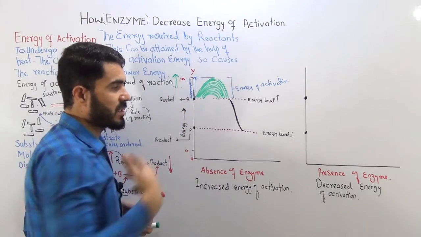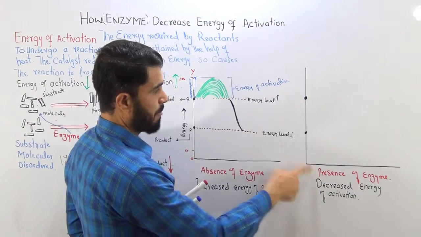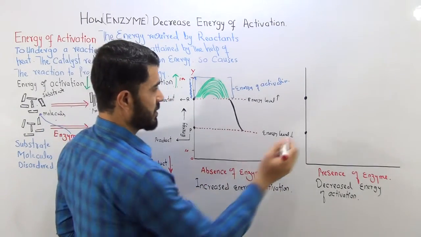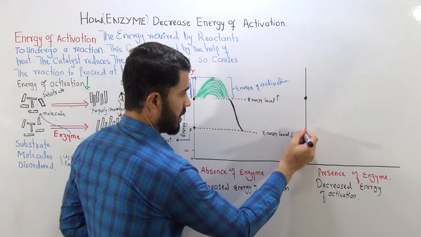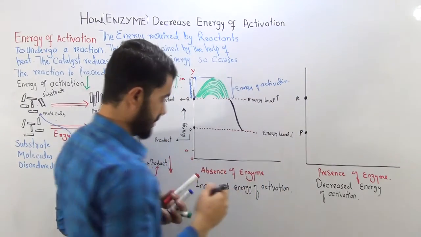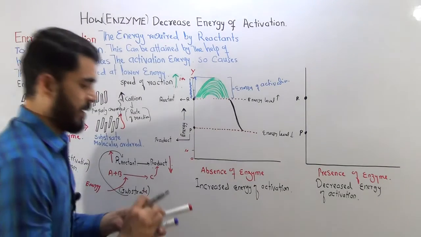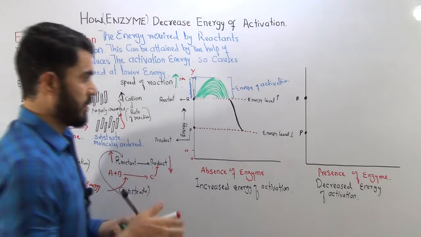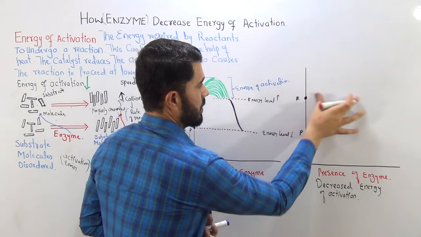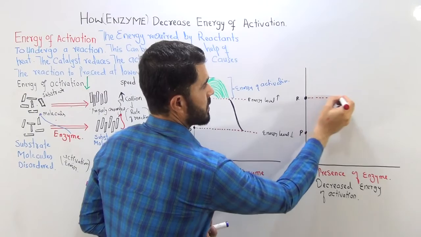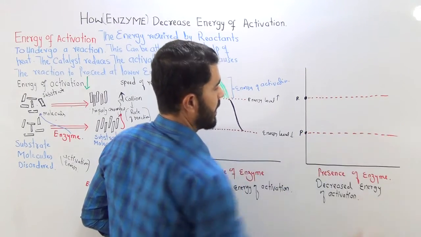So what will our strategy be here? Once again, the graph is there. Now this spot represents our product. This is our product and this is our reactant. Similarly, we can draw a line here like this. This is our reactant energy line and this is the product line.